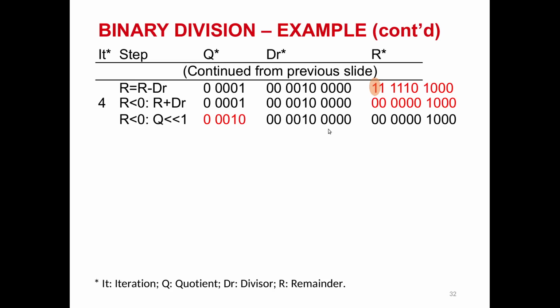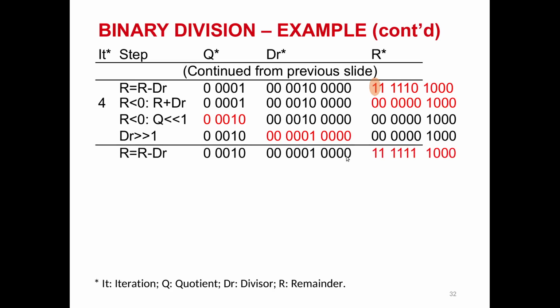DR and R won't change their value, and then we need to shift DR 1 bit to the right, so this bit 1 here changes to here, so the value is 0 0 0 0 0 1, and the remaining ones are 0 0 0 0.